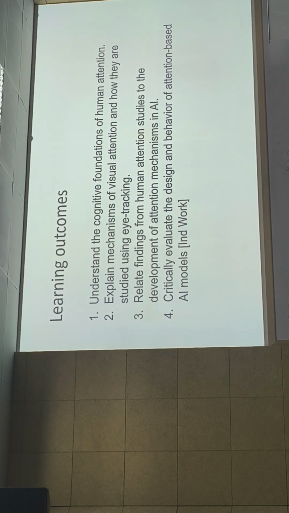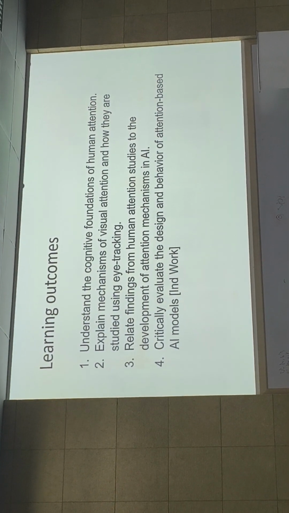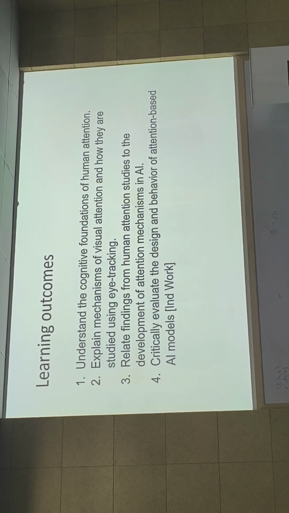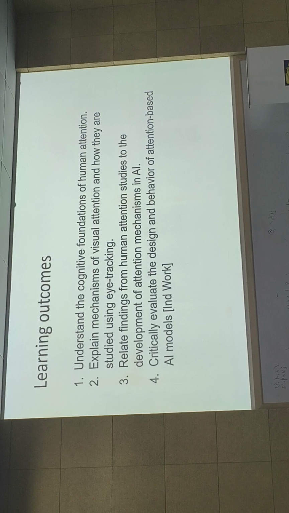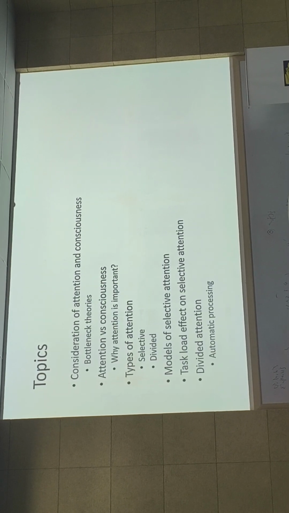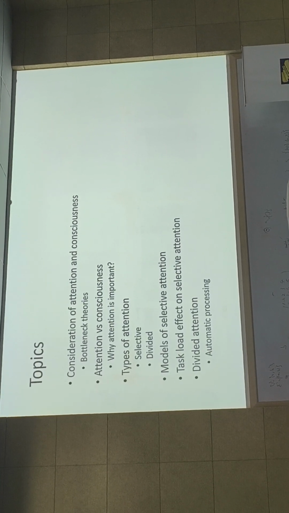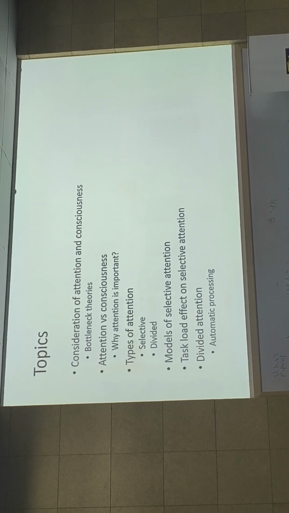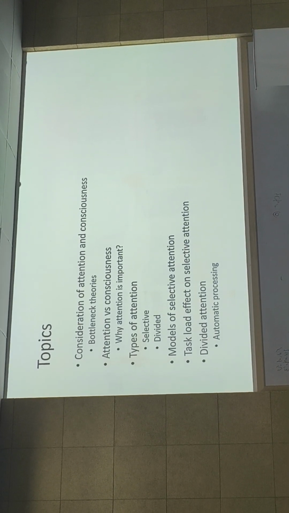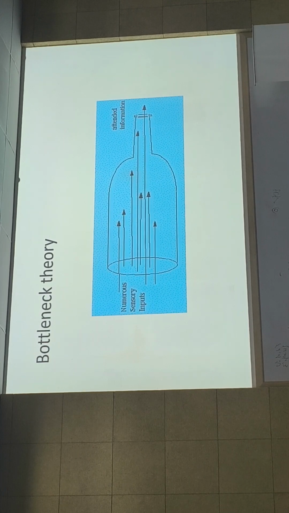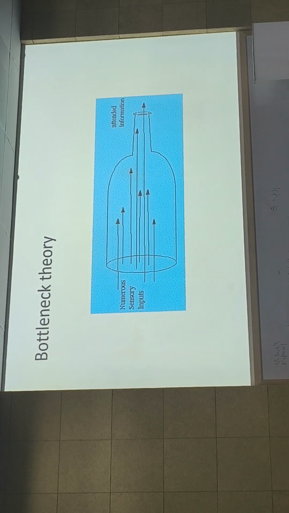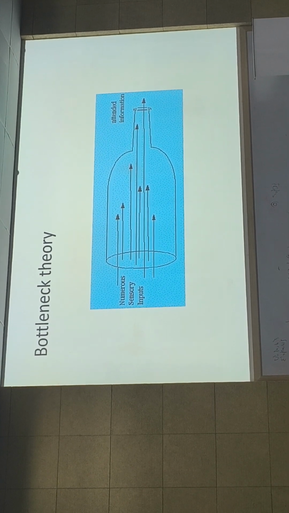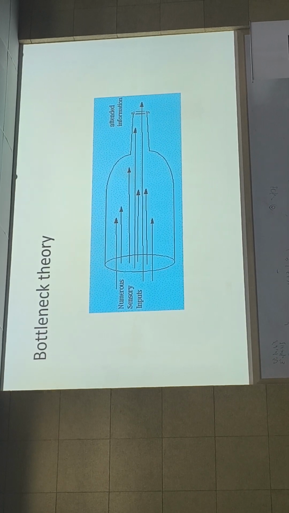By now, hopefully, I do not have problems with you understanding eye tracking, because you have probably understood that quite well. Before we went to the eye tracking part, we looked at several cognitive models. We started off with the bottleneck theories, and then tried to understand why we have to be selective with the amount of information we receive.